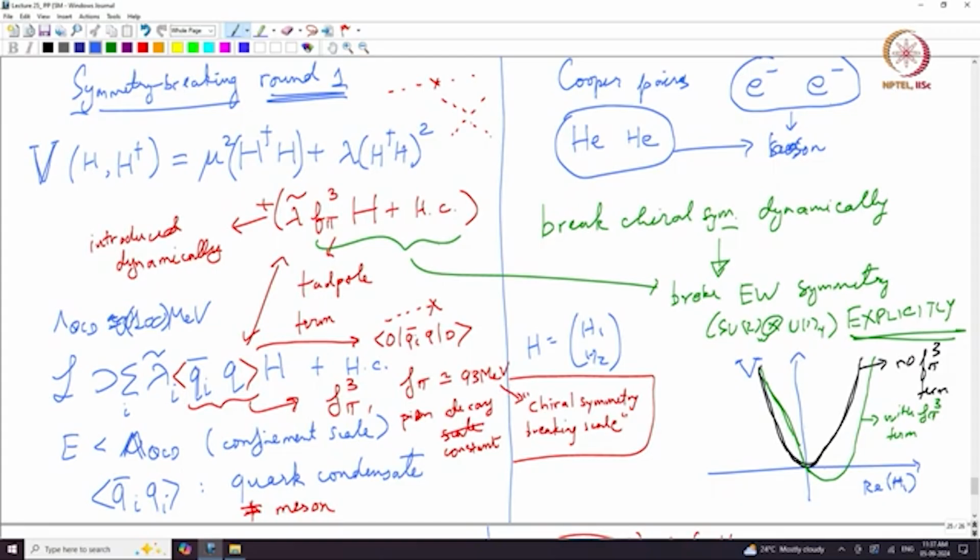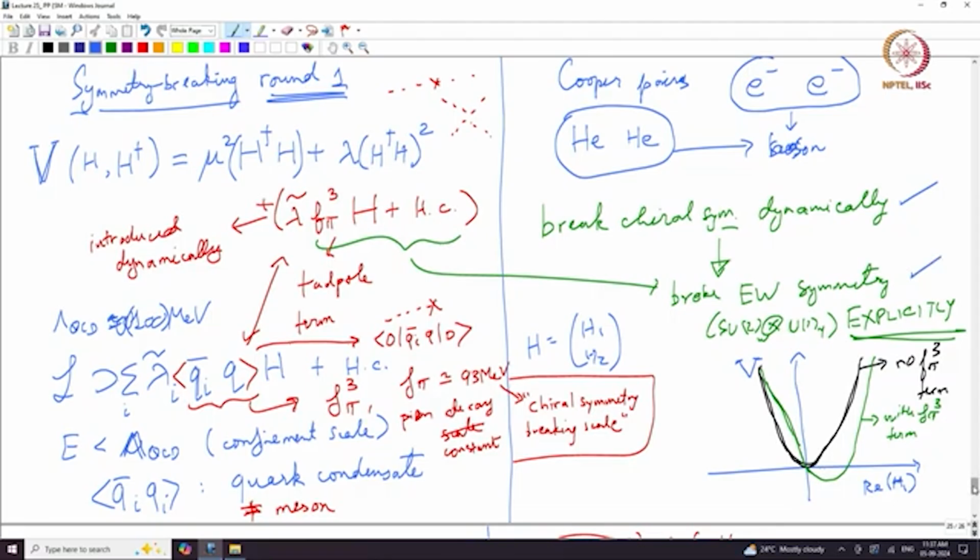So, nature itself introduced a term in the potential, which explicitly broke the electroweak symmetry that we wanted, the SU(2) cross U(1) symmetry. Nature broke the chiral symmetry dynamically, and in that process it explicitly broke the electroweak symmetry for you.